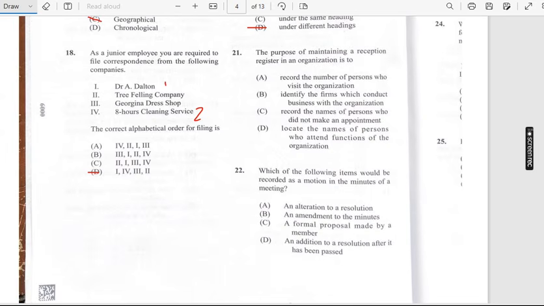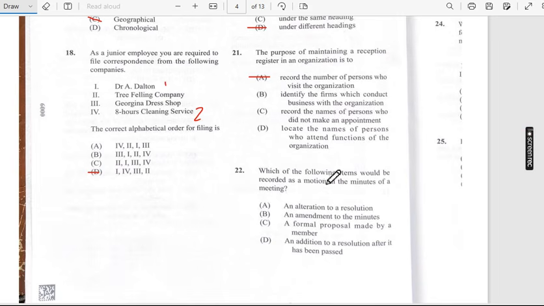It says the purpose of maintaining a reception in a registry of register in an organization is to, and the whole way it's basically to record the number of person who visit the organization, or it has to do record the names of person who did not make appointment, or locate the names of person who attend the function. For this one, firms will conduct business with the organization. It's not conduct business, it has to do with the record of a person who visit the organization.